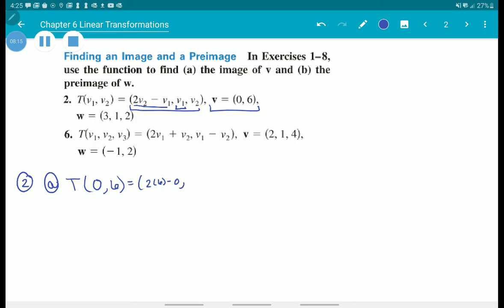And then I'm going to have V1 for the second component and V2 for the third. So my vector 0, 6 is going to the vector 12, 0, 6. So this would be the image of V under the transformation T. This is what it looks like when it goes from R2 to R3.